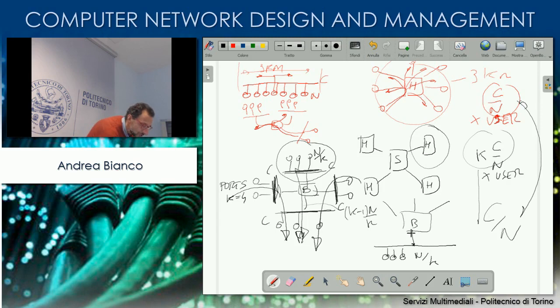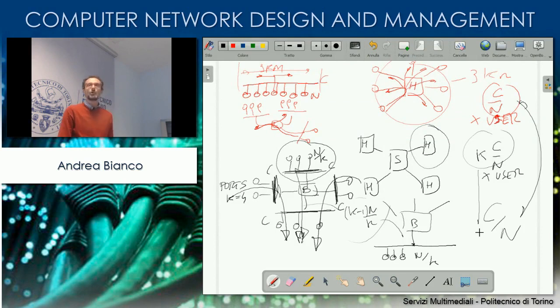Okay? All of those users access this segment of LAN through the single transceiver, right? They may generate a huge amount of traffic. Those packets go to the bridge, they are buffered, and one after the other will access the link. But all of them have only one transceiver available, as all of the other nodes.